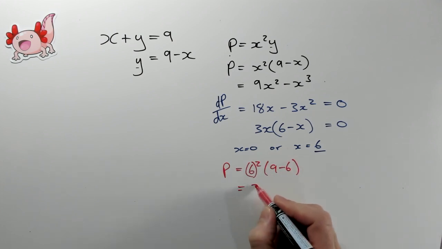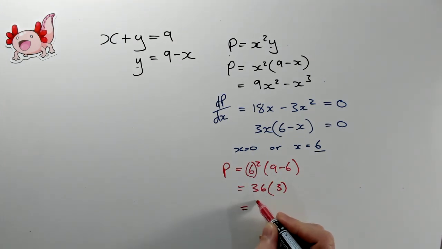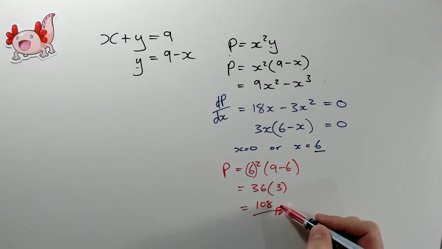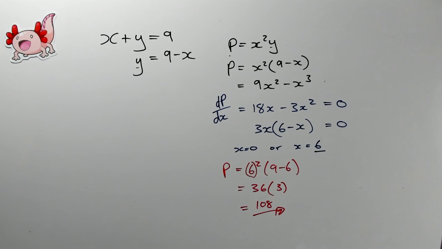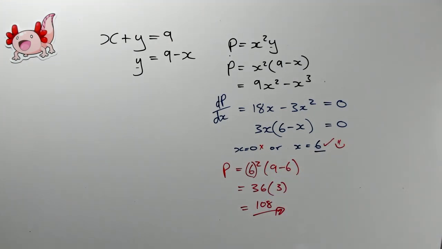That is going to be 36 times 3, and that would give me 108. So the maximum value of p is 108. You can see if I put in 0, I'll just get 0, so that won't work as an answer. So this one I'm pretty much happy with.